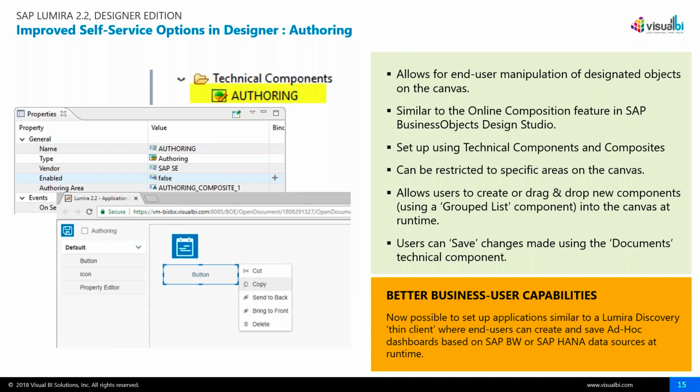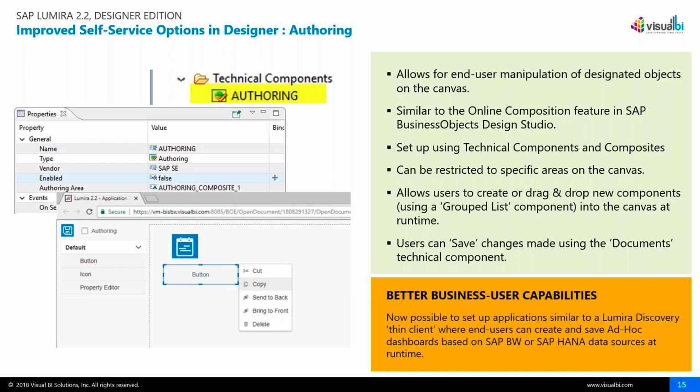So we're talking about the capability to drag and drop new objects onto the canvas, resize or reposition these objects, copy and paste one object elsewhere, and also save all the work that is done, all at runtime for end users. So application designers can use a grouped list component, which is again new in 2.2, as well as a documents technical component, again a new component we'll be talking about, and they can give end users all of these options.